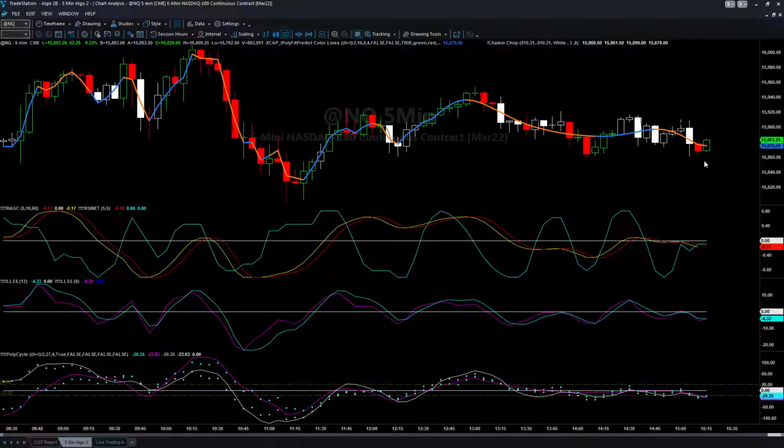Yep, back in chop zone. You can see it trying to change colors right there. You see that? That's because it's crossing the threshold to get into chop zone again.